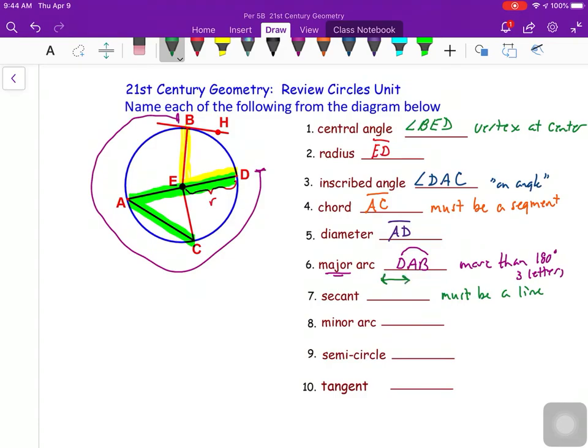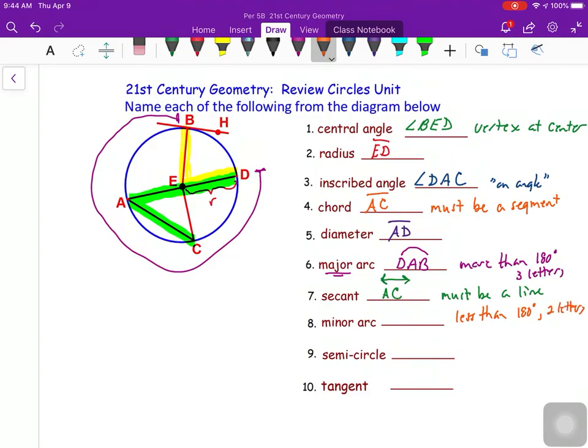A secant. A secant must be a line. So when I name it, I have to use a line symbol. But they don't have to put the line symbol in the diagram. So if I name the line AC, even though they don't draw it continuing out, that would be considered a secant.